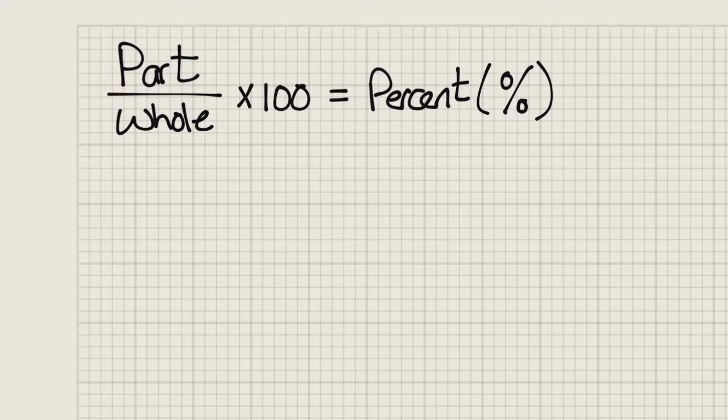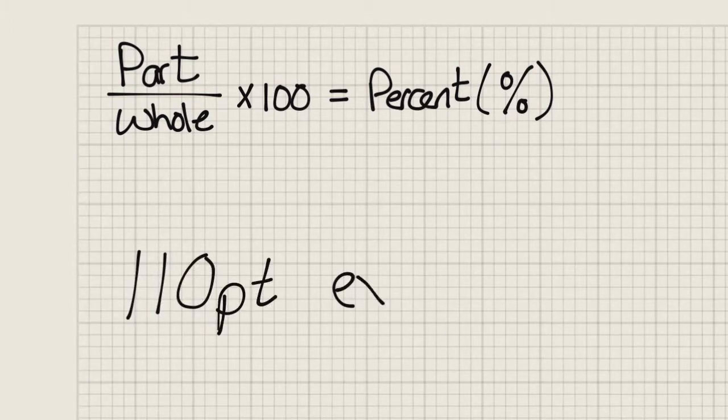So needless to say. All right, let's say that you have a whole of 110 point exam. Okay, that's the total number of points the exam is worth. And you want to figure out, if I got 10 wrong, if I got 20 wrong, if I got 30 wrong.